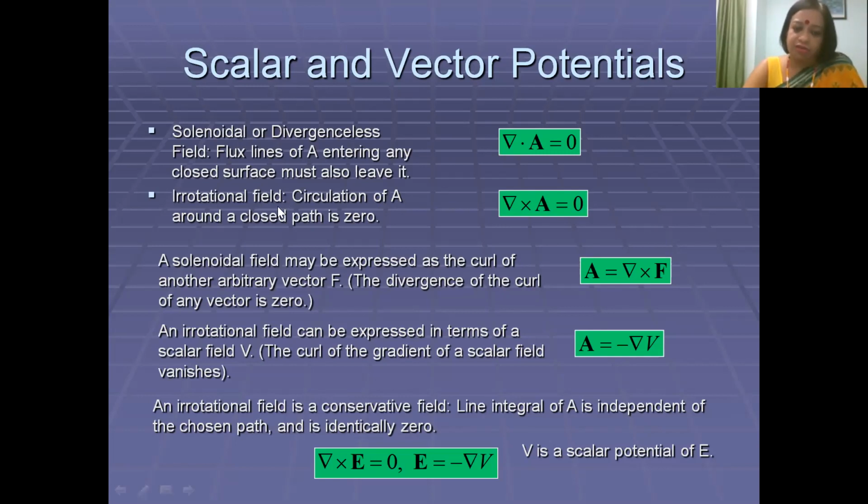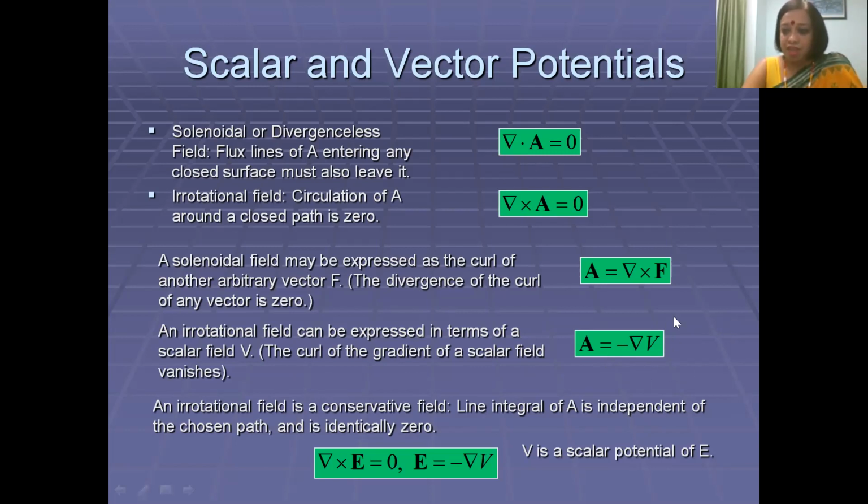In an irrotational field, circulation of A around a closed path is 0. Whenever you can express the curl of a vector to be 0, that vector can be expressed as the gradient of a scalar quantity. So therefore, any irrotational field A can be expressed in terms of a scalar field V.